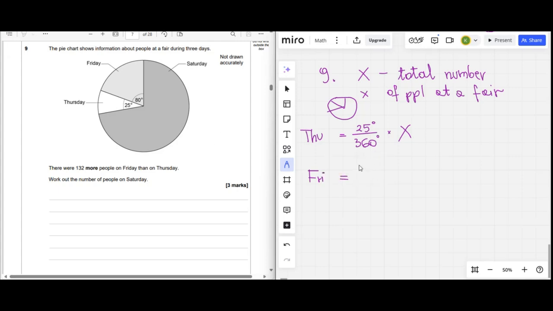On Friday, the fraction of our people would be 80 divided by 360 times the total number of people at the fair.